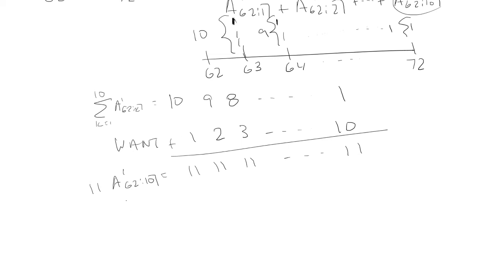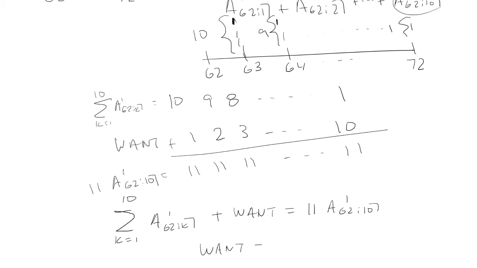So if I can write this as an equation, we have the sum from k equals 1 to 10 of this term insurance plus what we want is equal to 11 times this term insurance. So what we want will be 11 times the term insurance minus the sum.